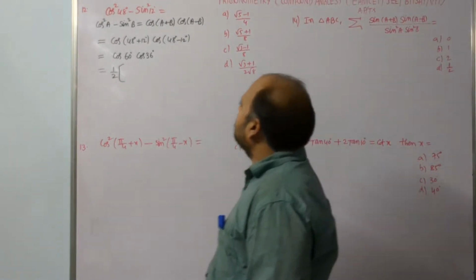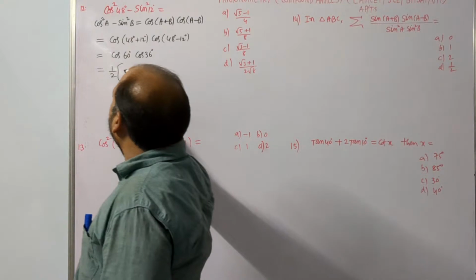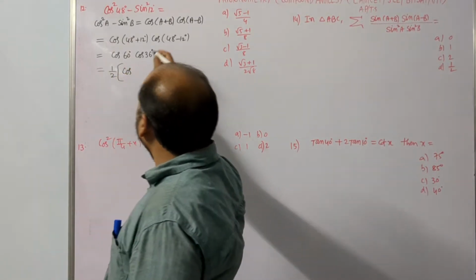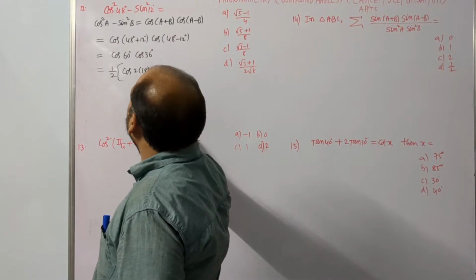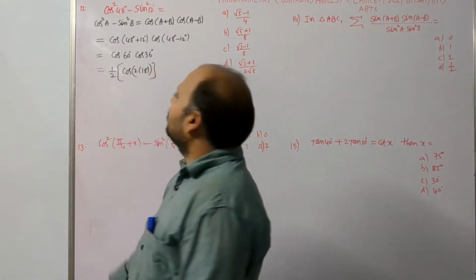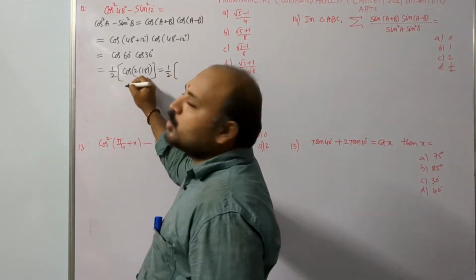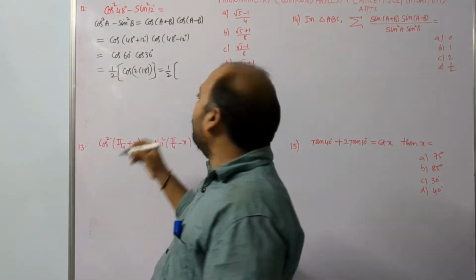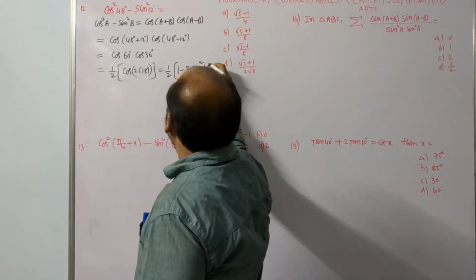Cos 36 degrees, we can write it as cos 2 times of 18 degrees, that is equal to 1 by 2 into cos 2 theta. In terms of sine, we have to write it as 1 minus 2 sine square 18.